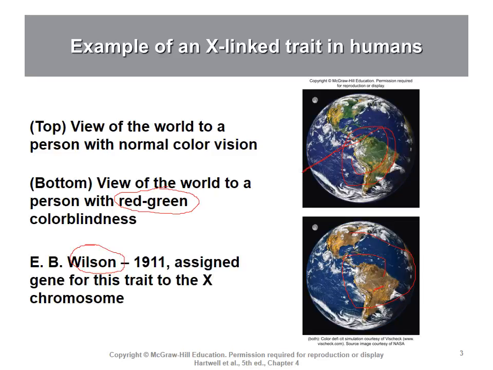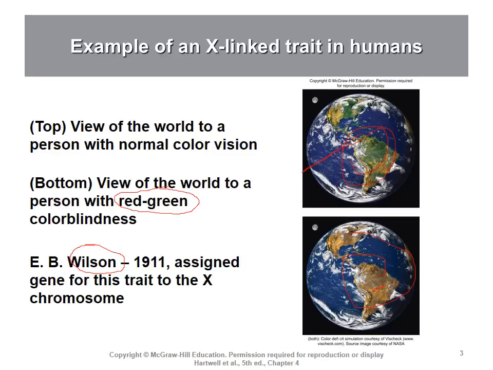So he actually found that the inheritance pattern, the way this disease segregates, is that when the grandfather is affected, none of his daughters will be affected because they will be heterozygous.